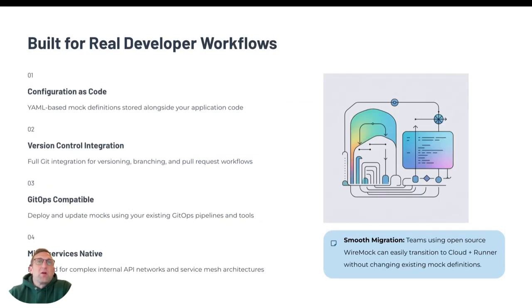So WireMock Runner is really built for the developer workflows that are prevalent in today's environments. It can be configured as code, it's got version control integration, it's GitOps compatible, and it's microservices native. And the migration to WireMock Runner from WireMock open source is very easy.